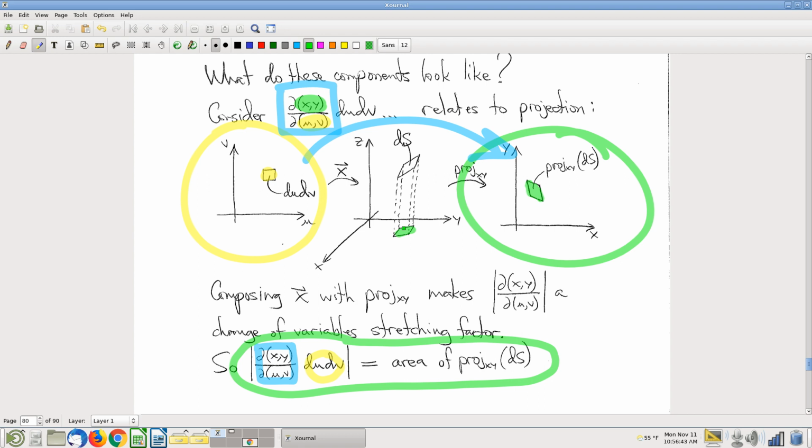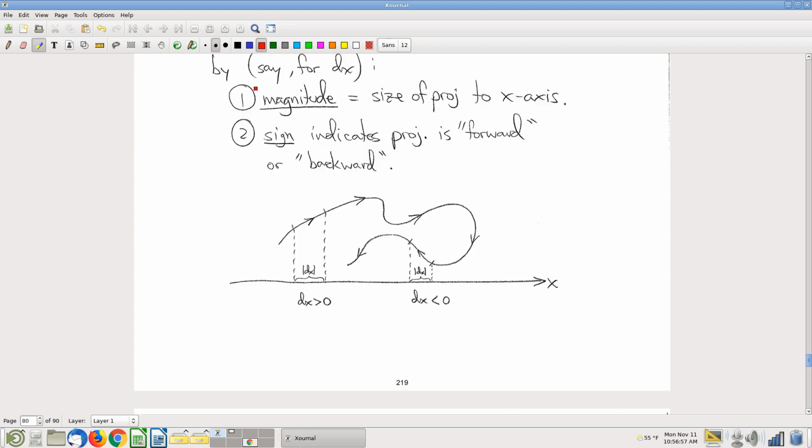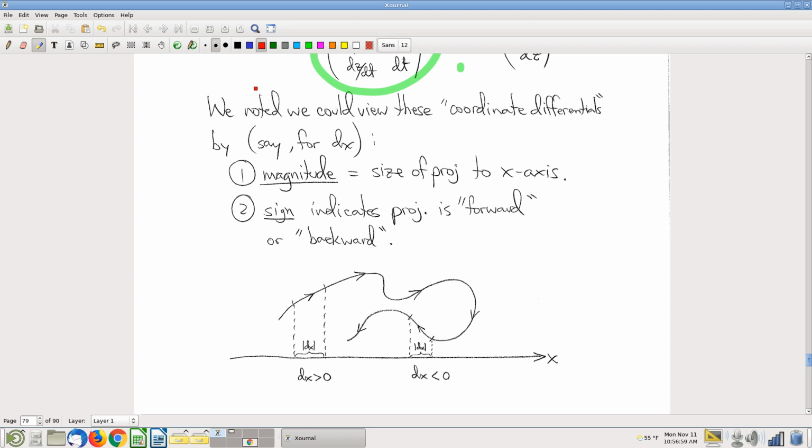But this expression that we were interested in is a thing whose absolute value is the area of the projection of the piece of surface. Just like this thing over here, dx.